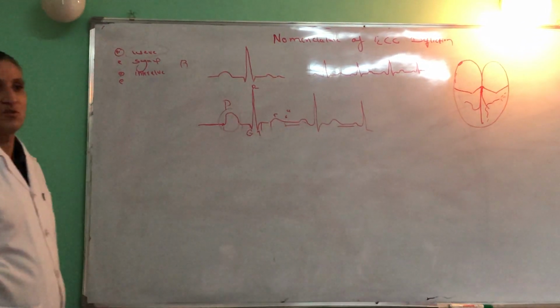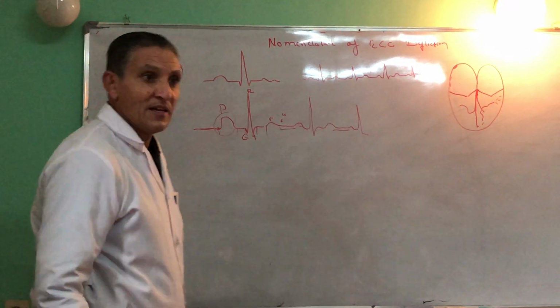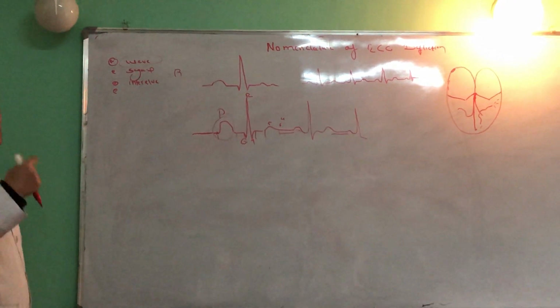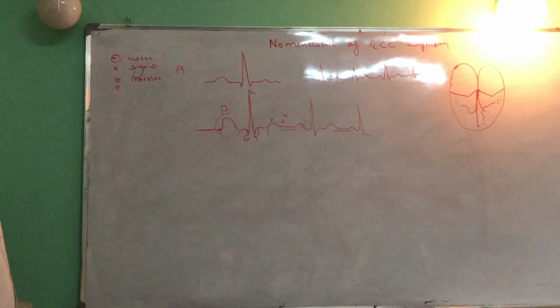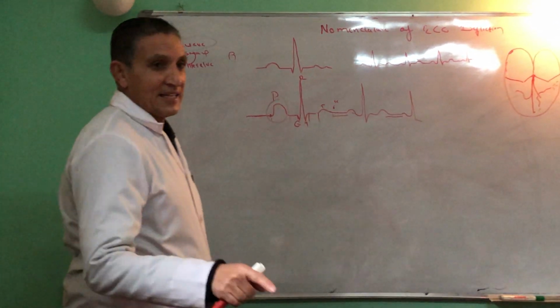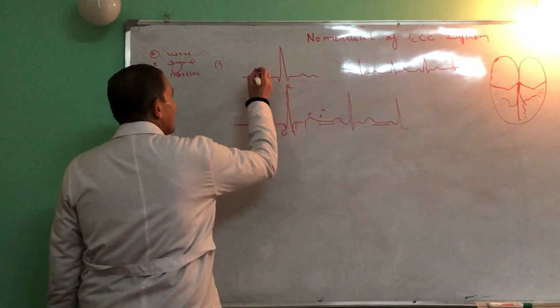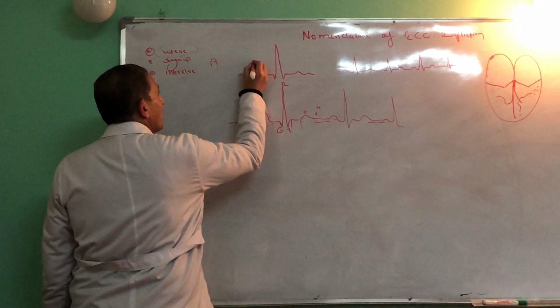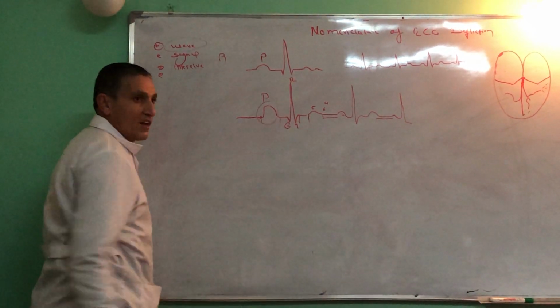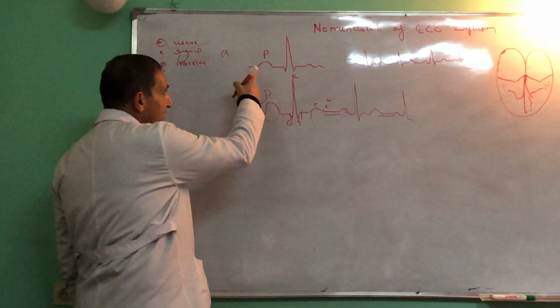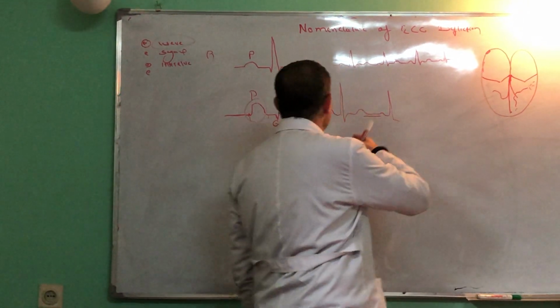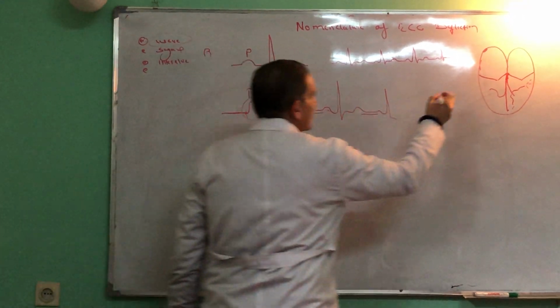So right now again we have understood the wave. What is the wave? Due to deflection of the needle over the ECG paper, they produce a special picture. This picture is called a wave. The first wave which is produced by the ECG is called the P wave. Let's correlate this P wave with the electrical event.